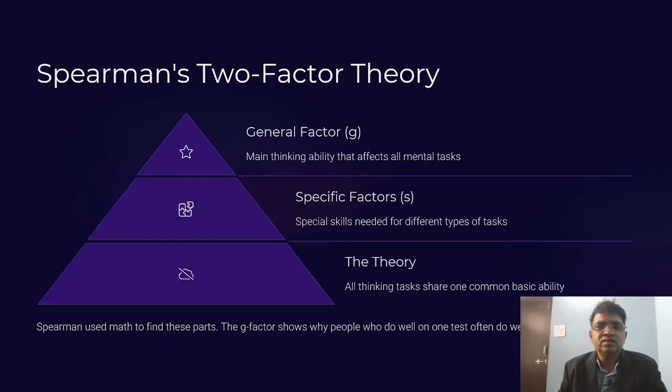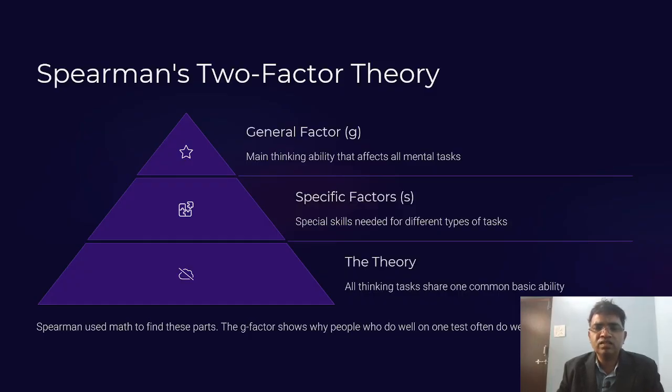Then Spearman's two-factor theory. There are general factors, that is G, and specific factors, S. The general factor is the main thinking ability that affects all mental tasks, and specific factors are special skills needed for different types of tasks.